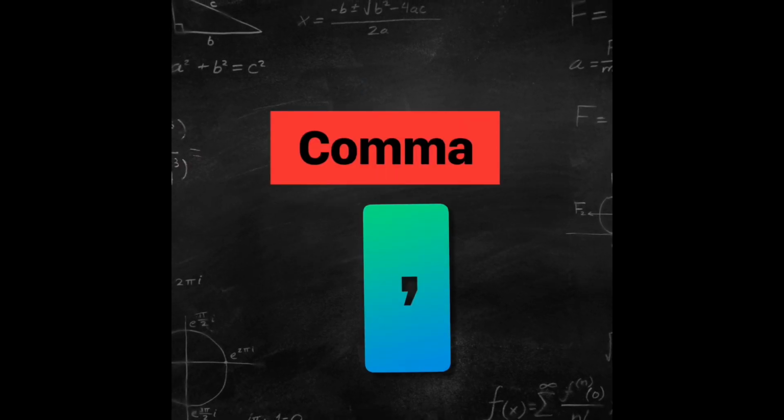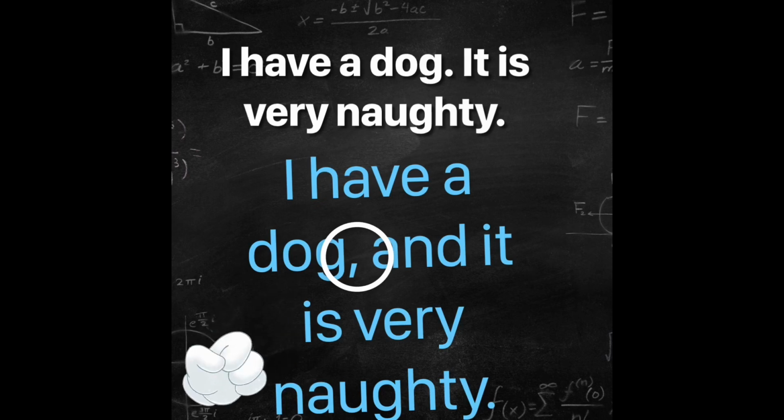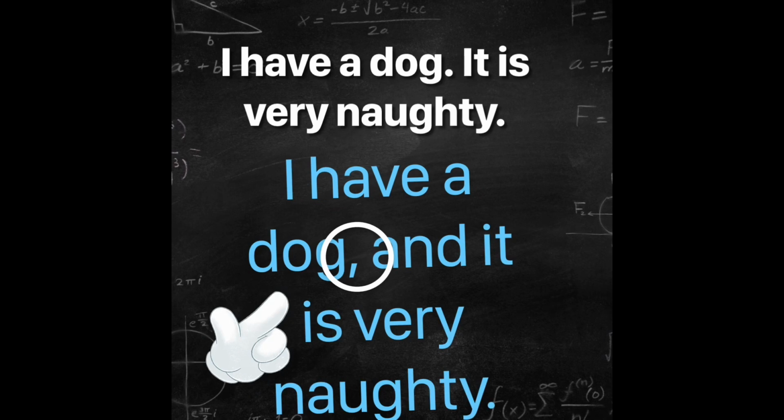Commas play an important part in complex sentences. And the use of commas depends on the types and the position of the clauses. If you are joining two independent clauses, then you use the conjunctions such as and, but, or, so, or any other conjunctions.